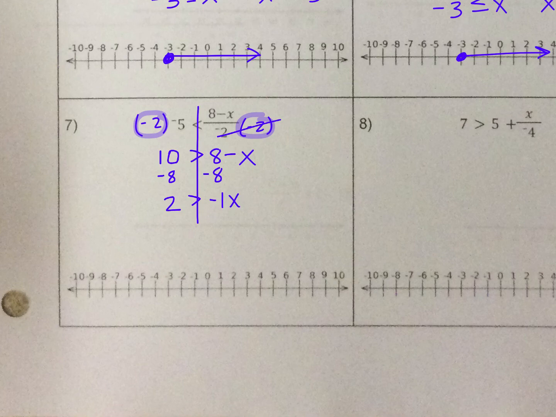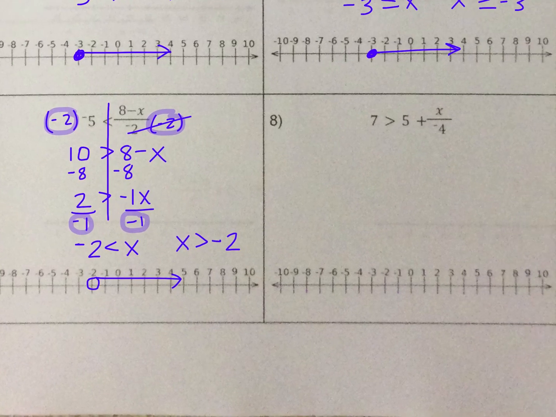All right, to get that x alone, I'm going to have to divide by -1. Uh-oh, I just divided by a negative. Means I got to flip my sign. So -2, flip it over, less than x. Okay, that's your correct answer, but now I'm going to flip everything back again so that I can graph it. So we flipped that 3 times, and it's okay. Just got to do it. So open circle on the 2 going to the right.